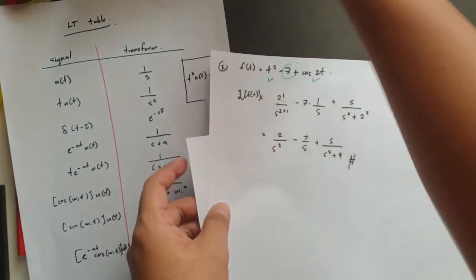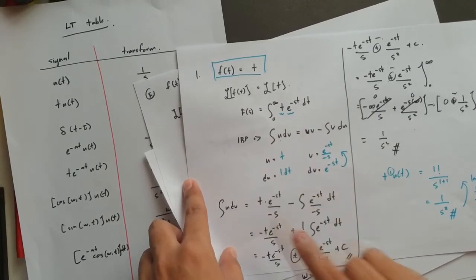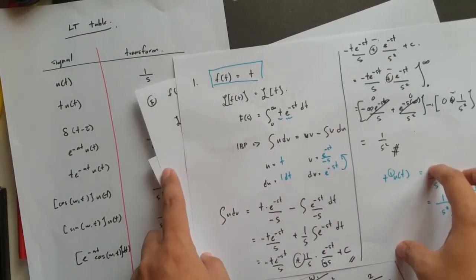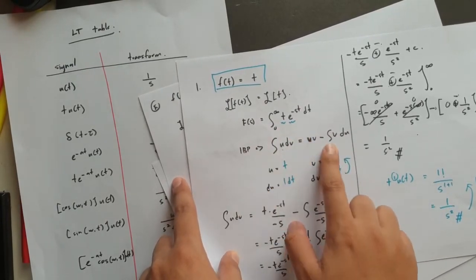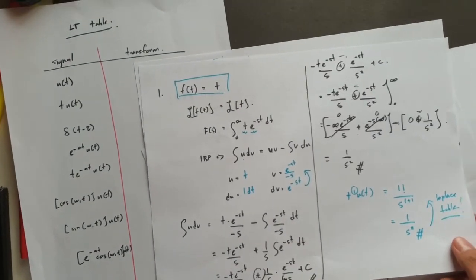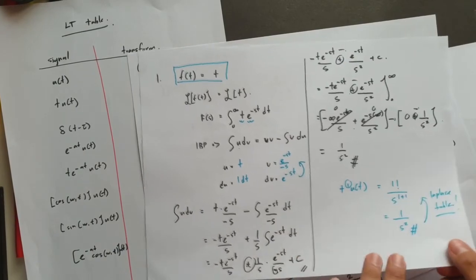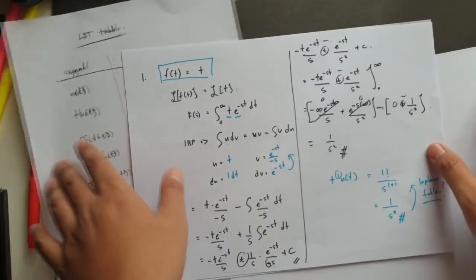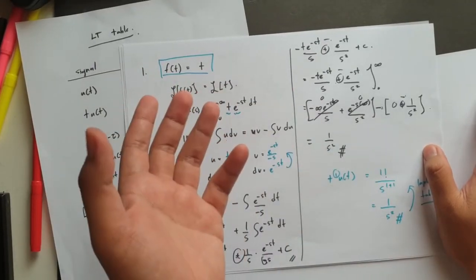Make sure you know integration by parts, even though the table is provided, but you must know integration by parts too. Don't make a mistake like this. If any question, you can ask me.